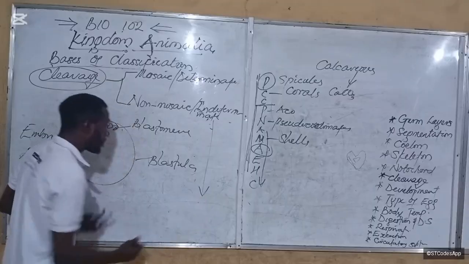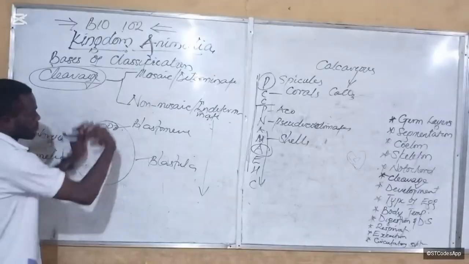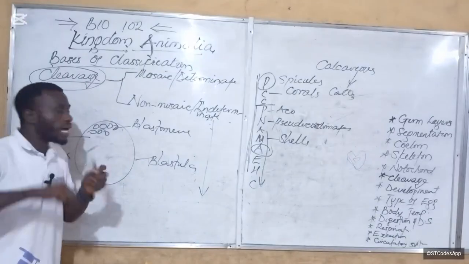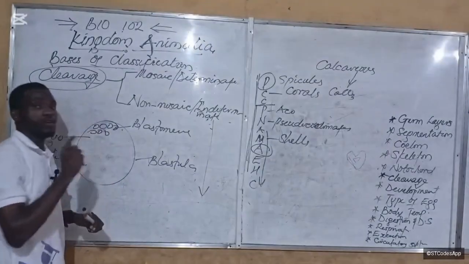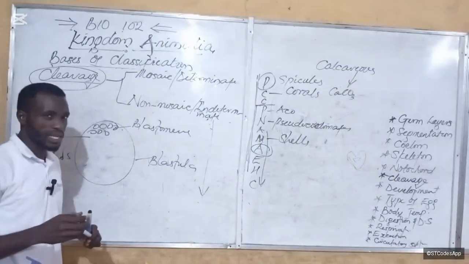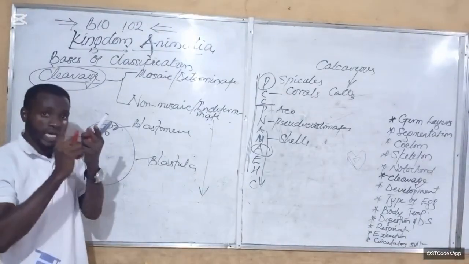So now in our blastula, this spherical mass of cells, the cells can separate and the embryo will still be able to develop from any of the cells. Does that make sense? That is, these cells come together to give the one embryo.